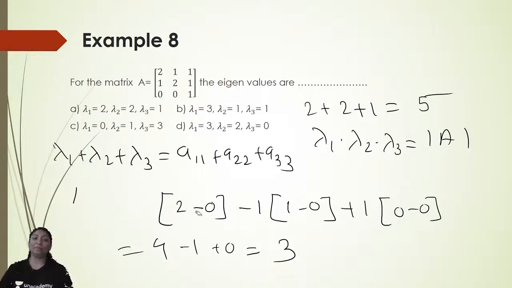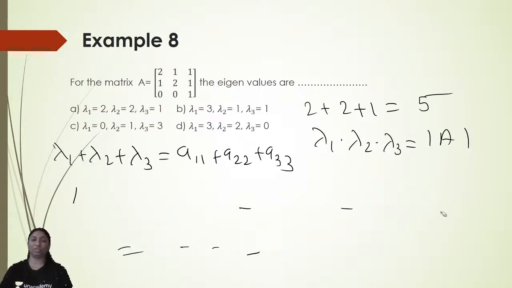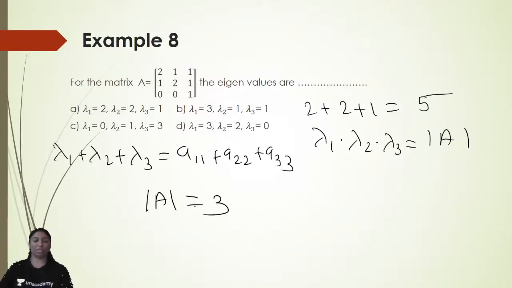Now we have to select the eigenvalues from the given options. Here determinant of A is equal to 3, and the sum of the eigenvalues is equal to 5. Now we will select the option where the multiplication is 3 and the summation is 5.